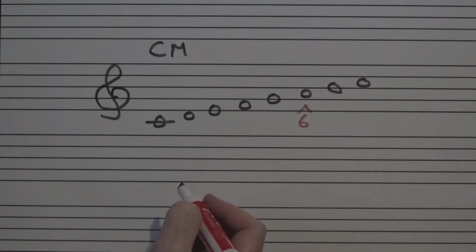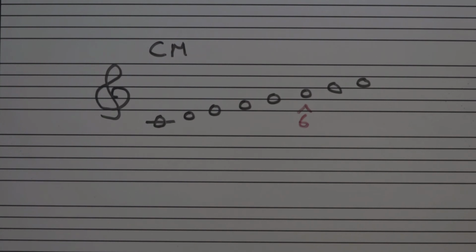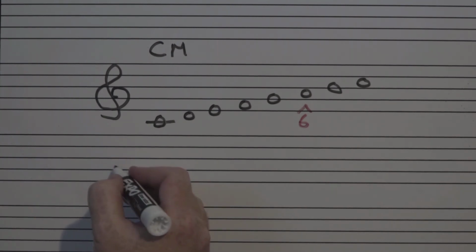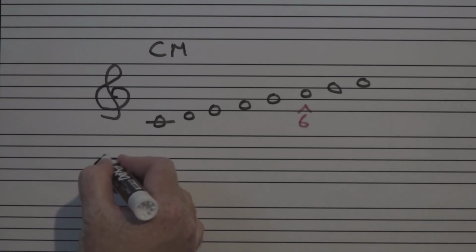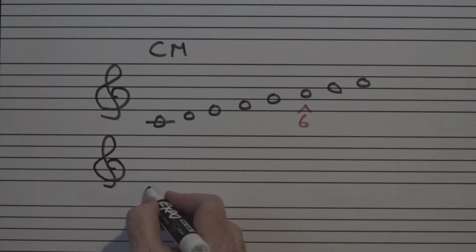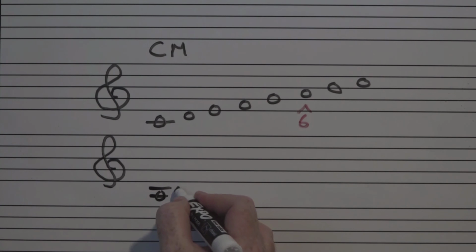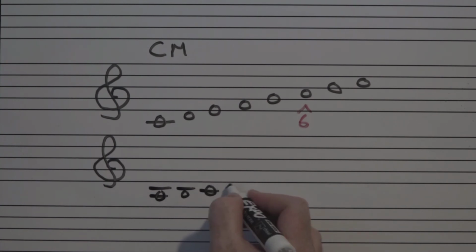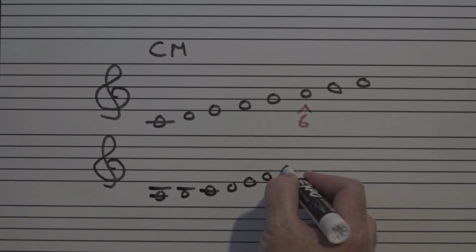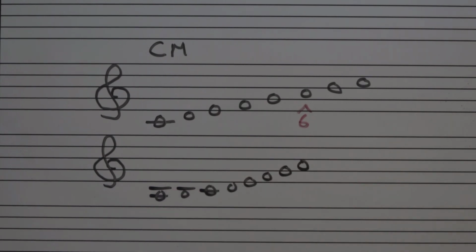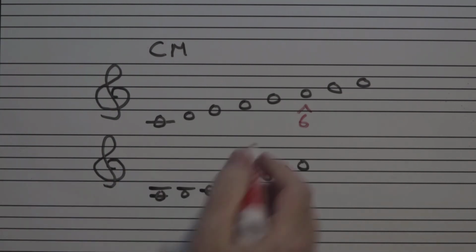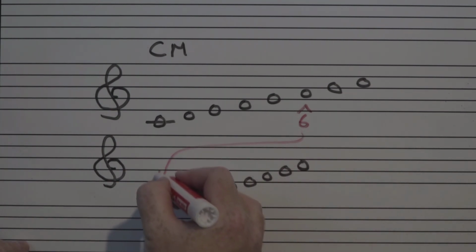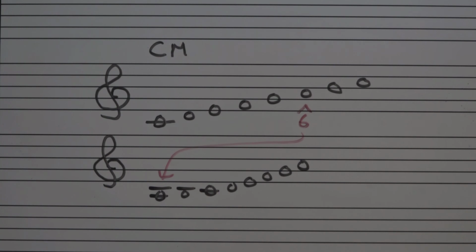So C major, scale degree 6, that means your relative minor key signature, your relative minor scale, is going to be A minor. And A minor has no sharps or flats, and C major has no sharps or flats. So that's how we get to our relative key signatures.